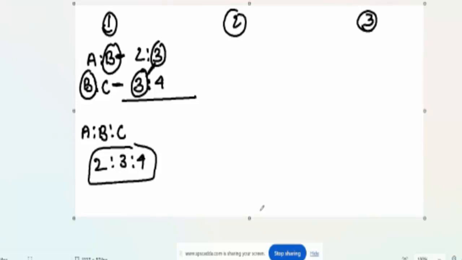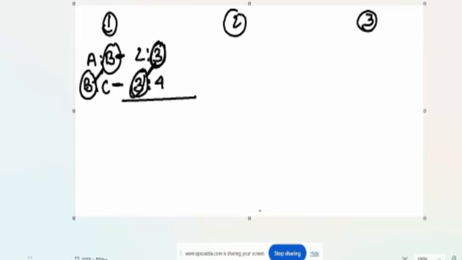If you have a common element with a common digit, the ratio is already solved. There is no need to solve the ratio again. See, we have a ratio 2, 3, 4.